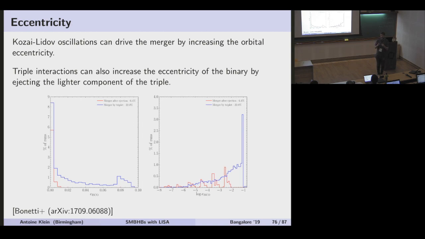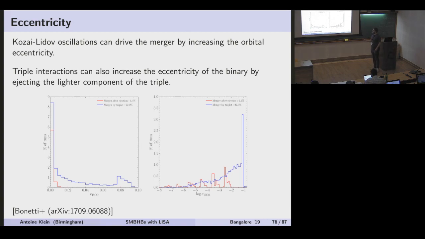And in that case, what can happen is quasi-Lidov-Kozai resonances, which is an interaction between the eccentricity of the binary and the inclination of the outer binary. And that can drive up your eccentricity as well. And if you drive it high enough, you can also lead to a merger like that.